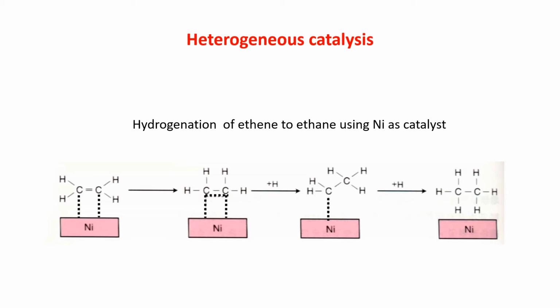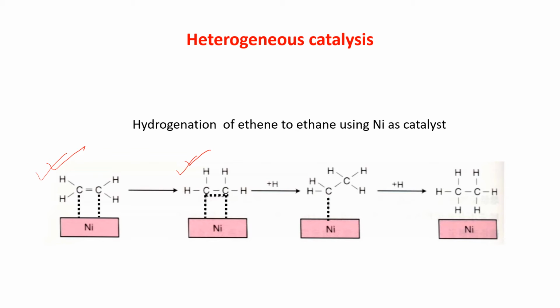The example of heterogeneous catalysis is the hydrogenation of ethene to ethane using nickel as catalyst. The reaction is given here. First of all, ethene with a double bond, nickel is reacting with ethene and it is loosely bonded with ethene.